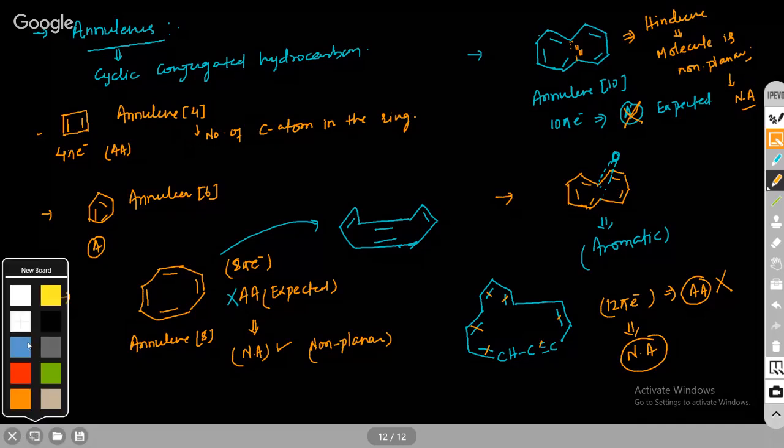So next we are going to discuss hyperconjugation. We'll discuss hyperconjugation first because this application is also required there for hydrogenation and combustion. So hyperconjugation will finish quickly, and then we'll start hydrogenation and combustion if time permits today.